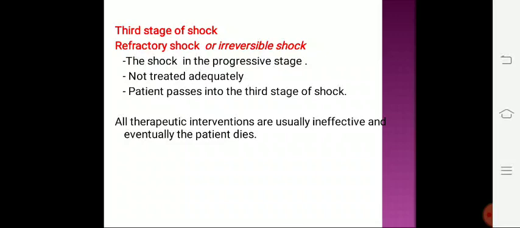As we mentioned, when the shock is in the progressive stage and is not treated adequately, a vicious cycle of various positive feedback mechanisms sets in and the patient passes into the third stage of shock, that is, the refractory shock, or irreversible shock. In this stage, all therapeutic interventions are usually ineffective and eventually the patient dies.